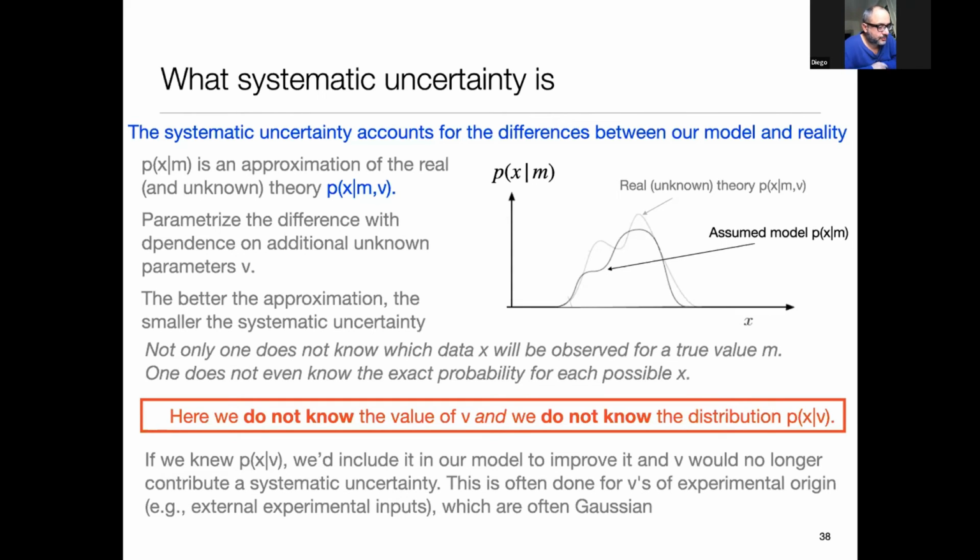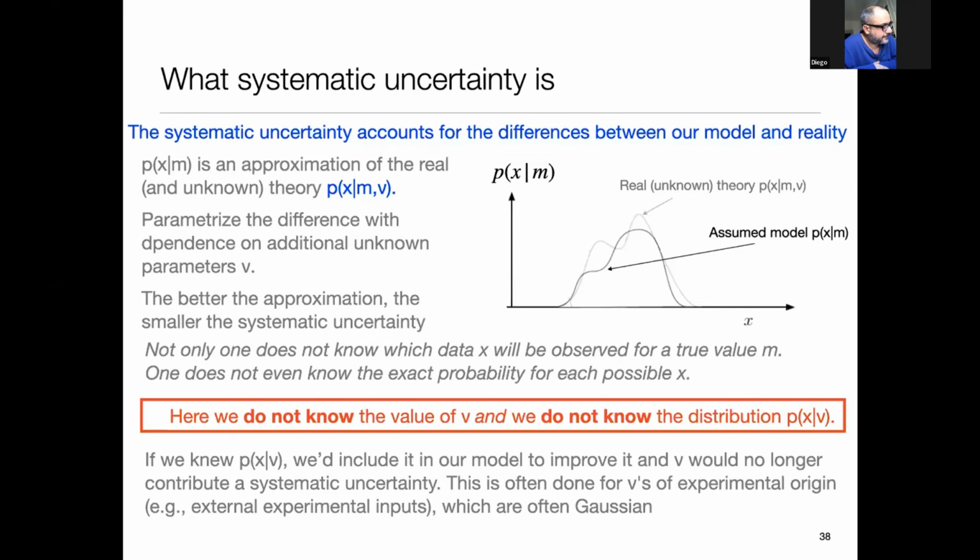So if our assumed model is this thick curve here, we can very well imagine that the real unknown theory is something close to that, but not exactly identical.